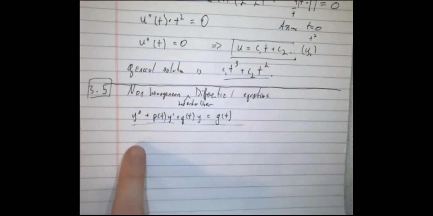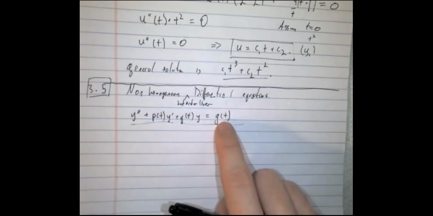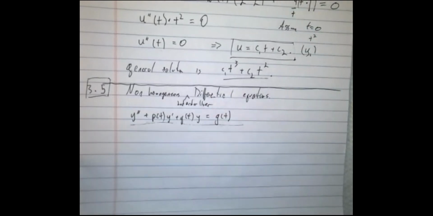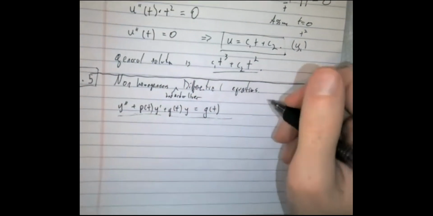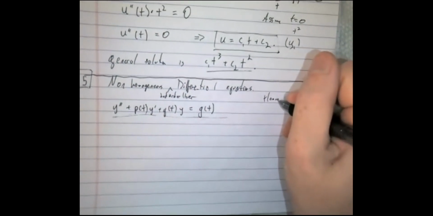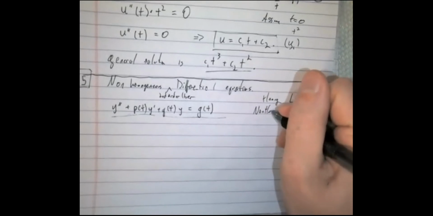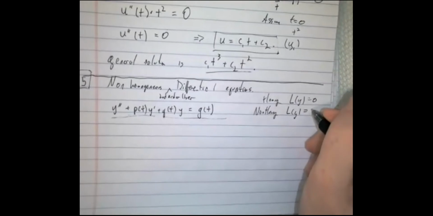But from the perspective of the existence and uniqueness theorem, whether this is g or whether this is 0 doesn't make much of a difference. In other words, homogeneous is L of y is equal to 0, where non-homogeneous is L of y is equal to g of t.